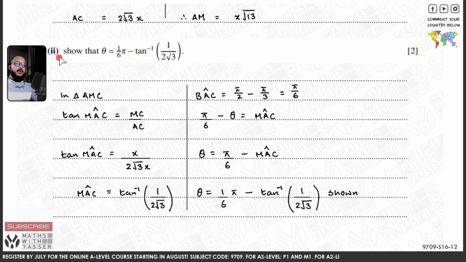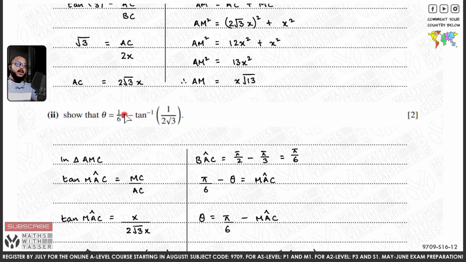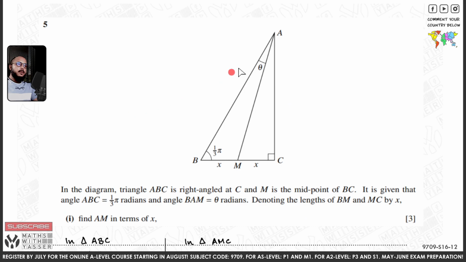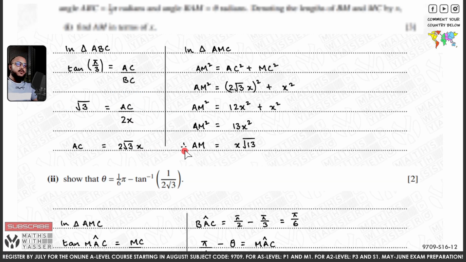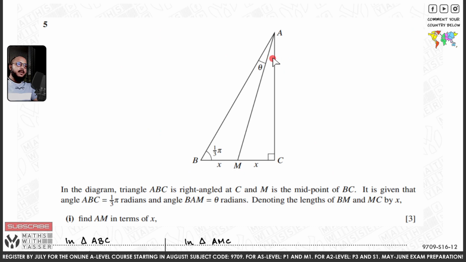In the next part of the question, show that theta is pi by 6 minus tan inverse 1 by 2 root 3. Let's again consider the triangle AMC. So this is the triangle we are considering right now, AMC, and tan MAC. That means I'm talking about this angle.